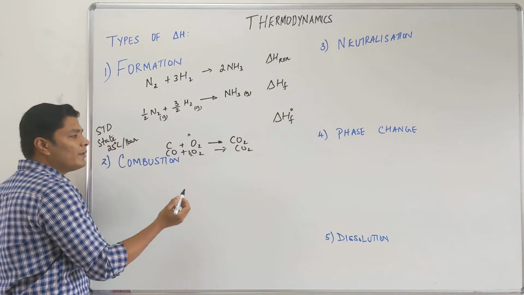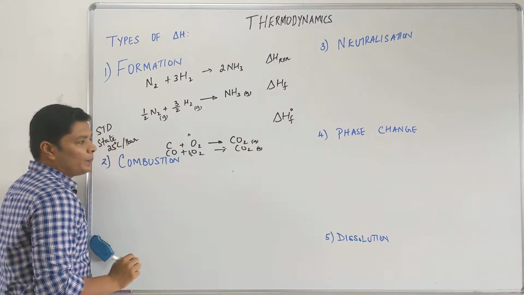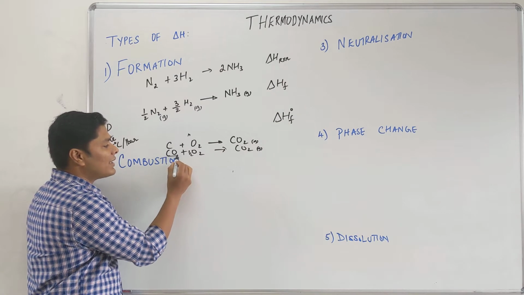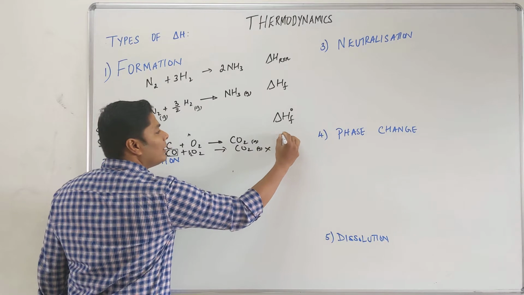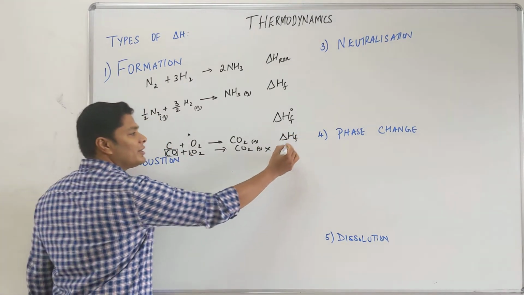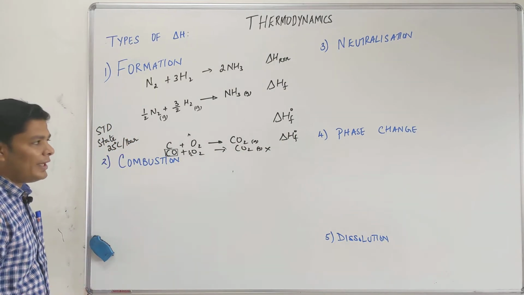Now both of them form 1 mole of CO2, except in the second one I don't have the standard state. This is a compound itself, so this will not be delta H of formation. This will be delta H of formation. And if I take these two in standard condition, this will become delta H of formation at standard condition, or standard heat of formation.